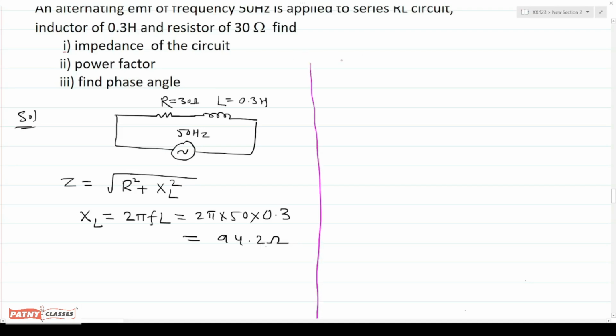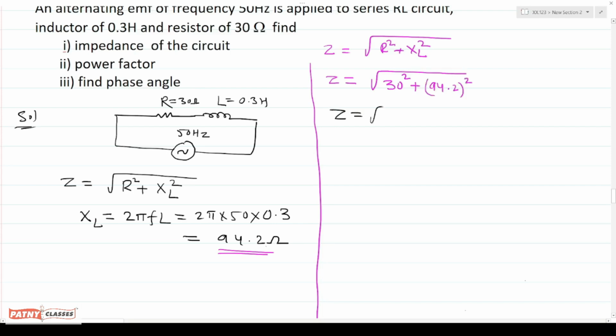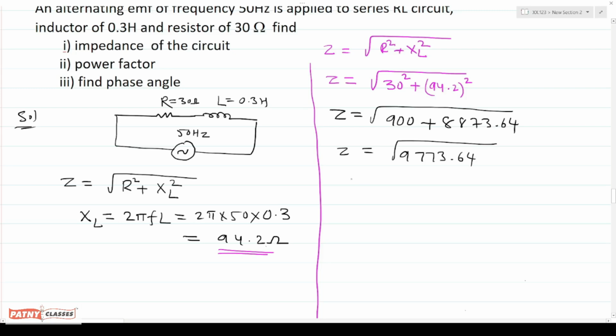After that, Z equals under root of R square plus XL square. XL is inductive reactance, equal to 94.2 ohms. R value 30. So 30 square plus 94.2 whole square equals 900 plus 8873.64, that is under root of 9773.64.